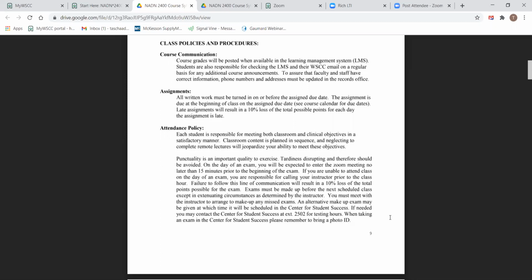So in this case, on the day of an exam, you're going to be expected to enter Zoom meetings no later than 15 minutes prior to the beginning of the exam. The way it's going to work for exams is Renee is going to proctor half of the class, and I will proctor the other half.